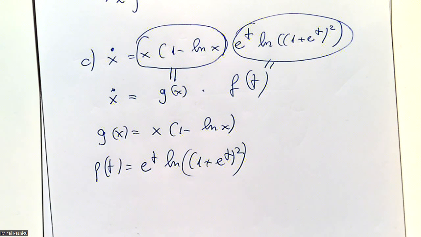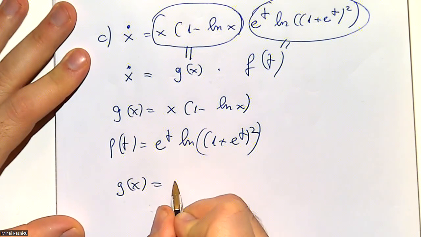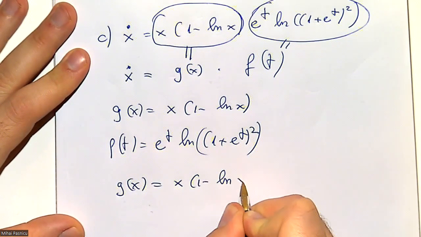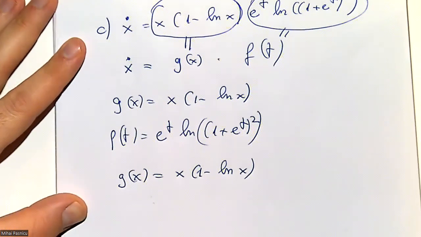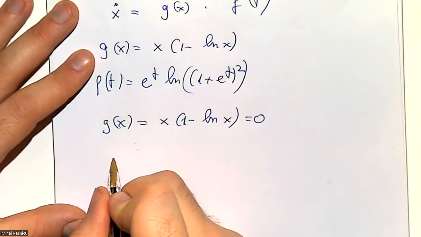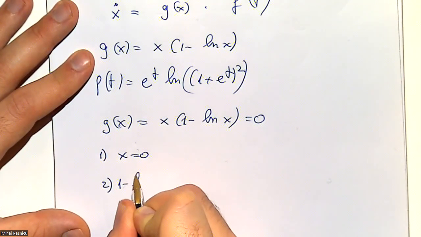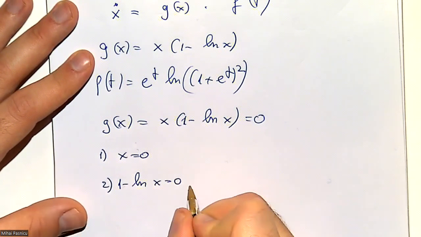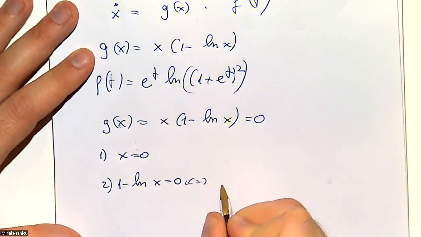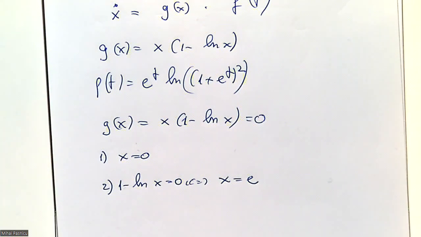Now, what do we do next? Pretty standard, check the constants. g of x is equal to x(1 minus ln of x). If this needs to be 0, then I have case 1, x is 0. Case 2, 1 minus ln of x is 0, which is the same as saying x has to be equal to e, because ln of x has to be 1. Now, have I found a solution?